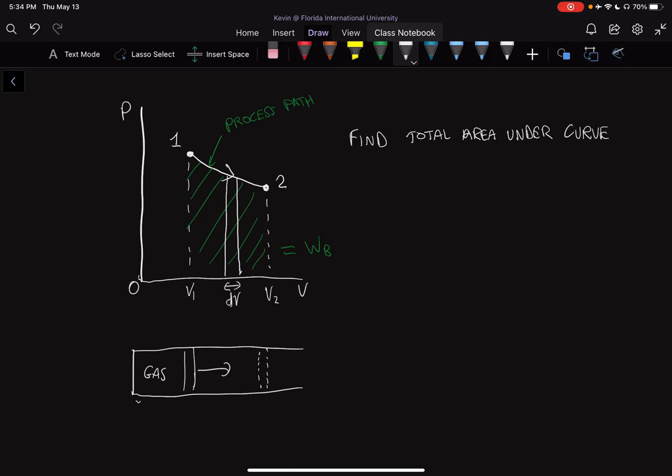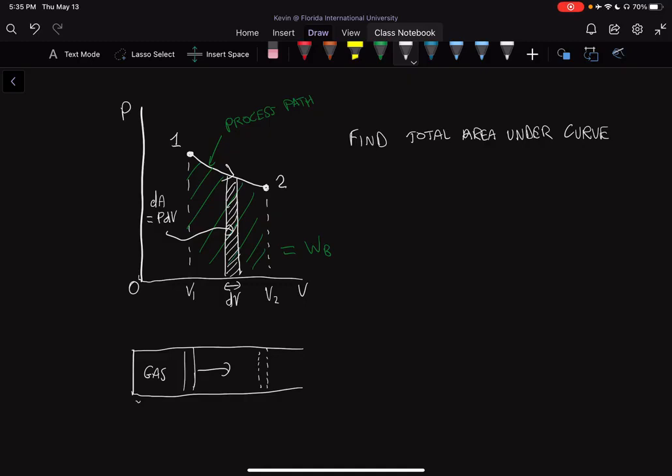If we look at it from a calculus point of view and figuring out how to find the volume, we can use very simple little slices that you would add up all together in order to get the integral. So that's how you would do it. And this area of the system here, dA, would be equal to P dV.